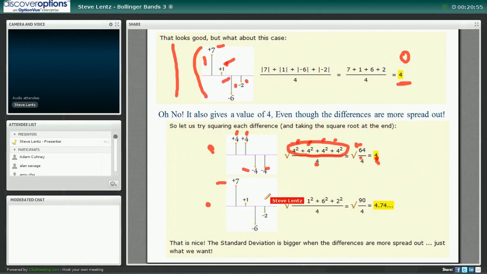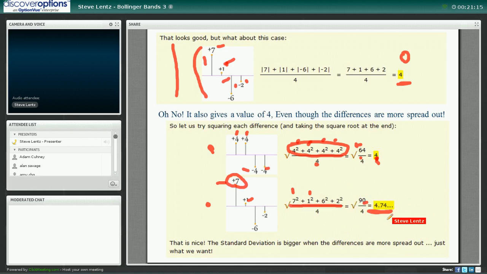Watch this over here. When you square a number, you're going to get a real fat number. So this 7, when you square it, you're going to get 49. That's a big number. This little 1 down here is a small number. So now we're really teeing off on the variances here, so that when you add them up, you get 90.